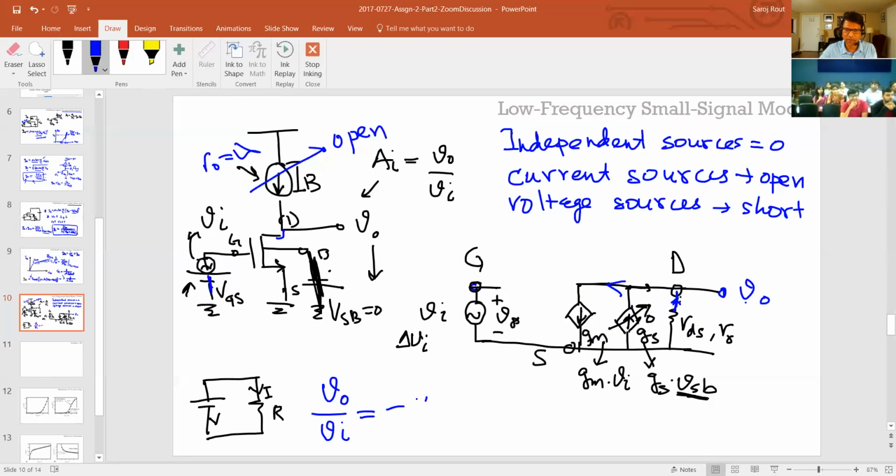So that's nothing but minus GM times RDS, right? And that's why we call it the self gain, because if you don't have any other load on that transistor, if you bias it in the active region and you put a small signal at the gate, the output voltage will change with this factor. And that's really what we use the transistors for, because it actually gives you a power gain. You can't get this term just with a passive transistor. All right.